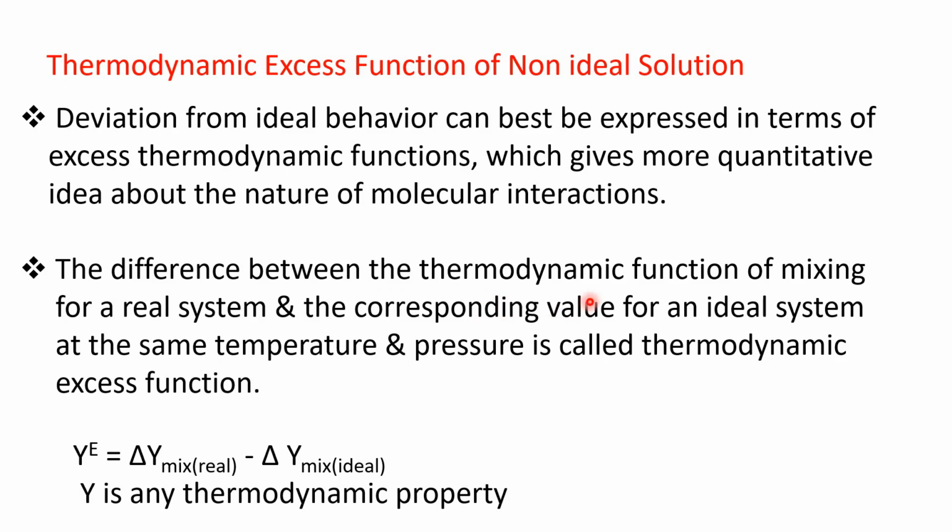So the difference between the thermodynamic function of mixing for a real system and the corresponding value for an ideal system at the same temperature and pressure is called thermodynamic excess function, and it is denoted by the symbol of that function with superscript E.